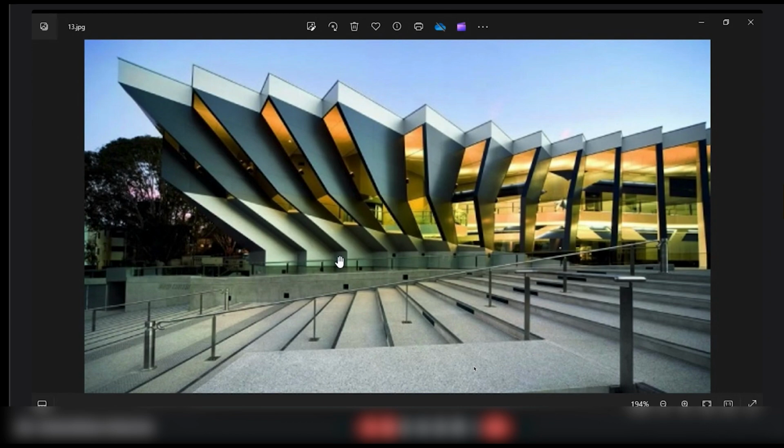So if you look at this image, you must be observing that the entire vertical panels are complementing each other through rhythm. But if you look at the staircase also, they are also complementing. Each and every stair is complementing each other by the term called rhythm.